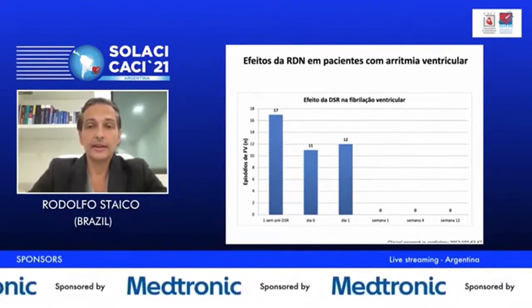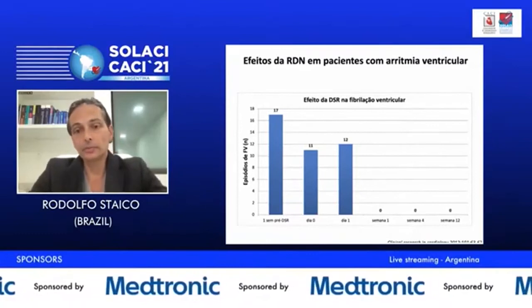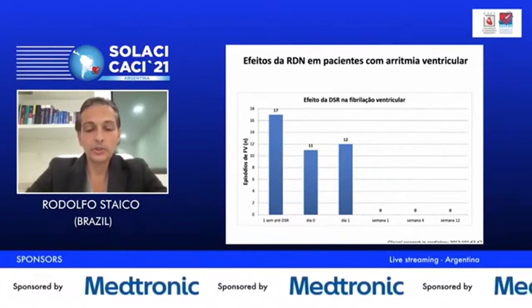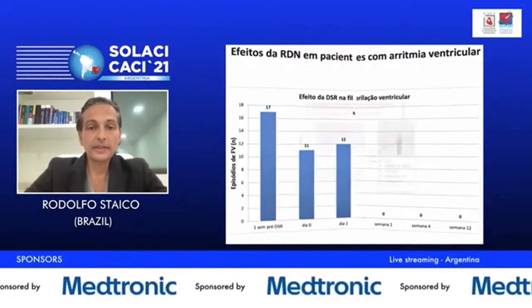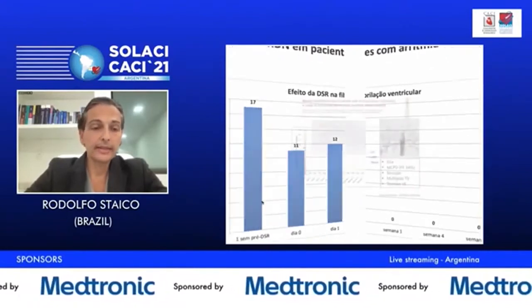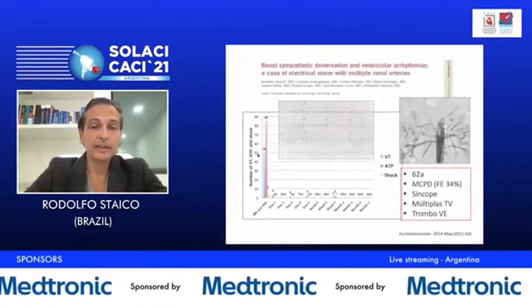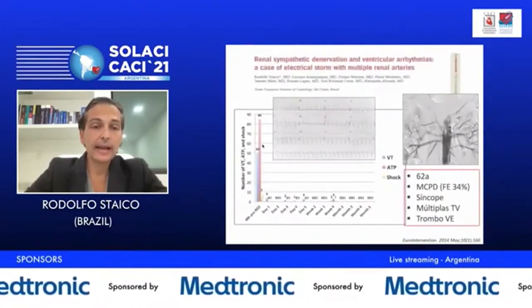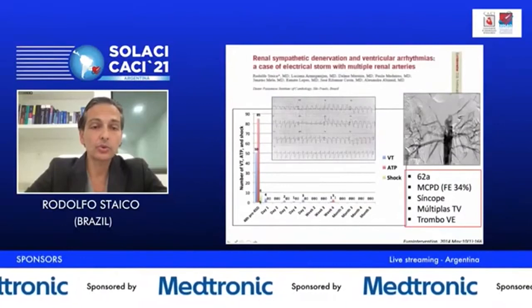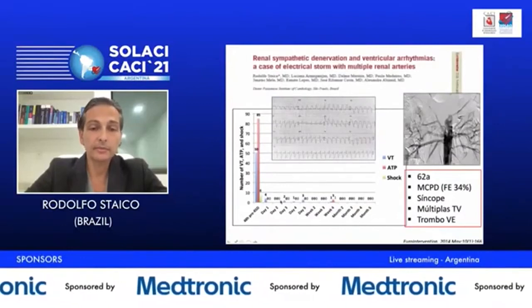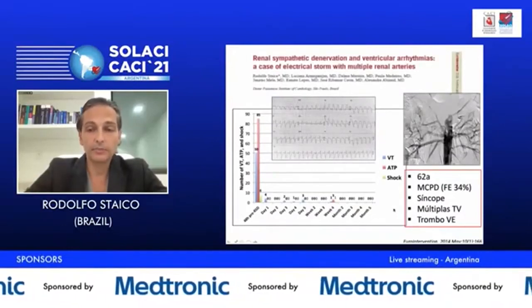Então, a gente vê que não precisa esperar tanto para ter uma resposta do procedimento de denervação renal. Observamos também aqui nessa nossa publicação, nesse caso, já após o primeiro dia de denervação, uma redução significativa das taquicardias ventriculares, das terapias antitaquicardíacas ou dos choques. E que se manteve ao longo do tempo.